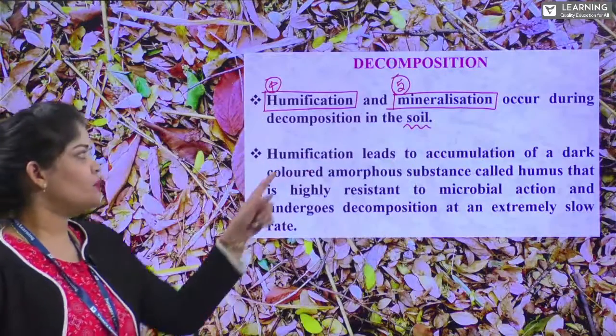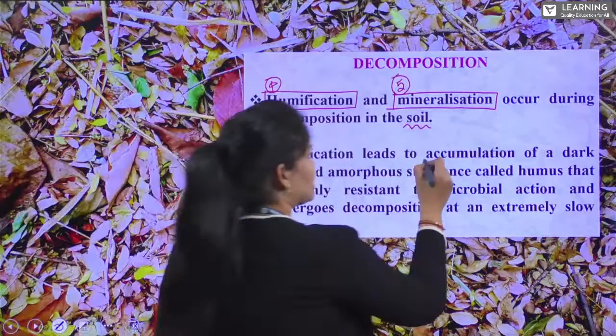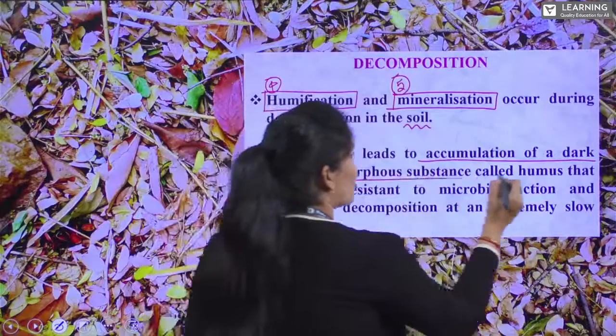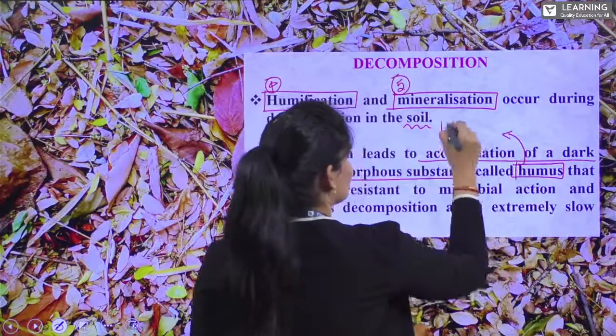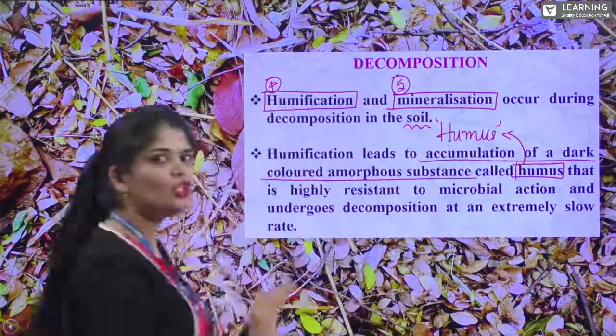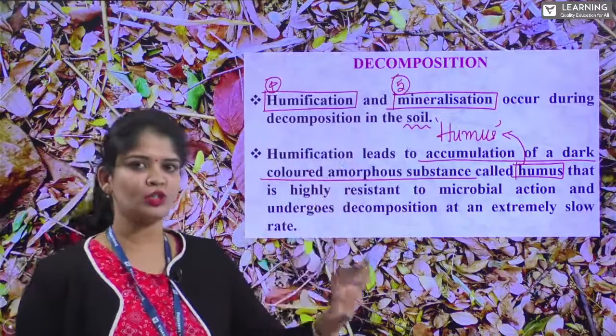Now, humification leads to accumulation of dark colored amorphous substances, and that we call humus. Very, very important. Humification, in the name itself, leads to the accumulation of humus.